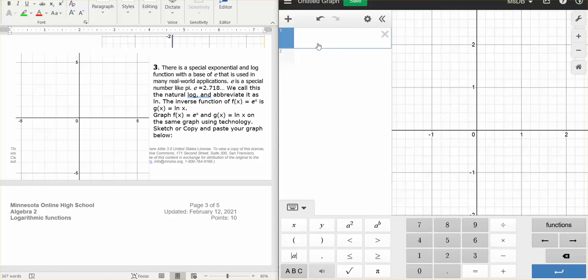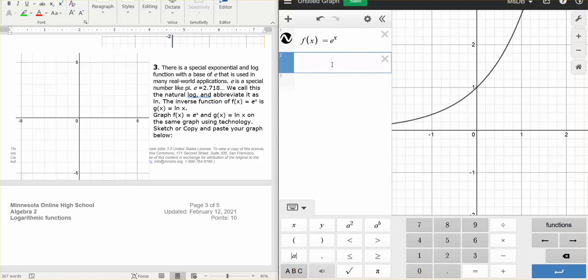And to do this, you can type in e to the x power, and your wonderful Desmos knows that we mean that special value of e. And you can also then do ln, that's an L, not an I, of x, and it also knows that that is the special natural log function. And then you're going to answer those questions.